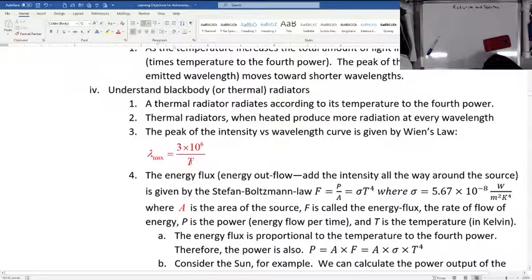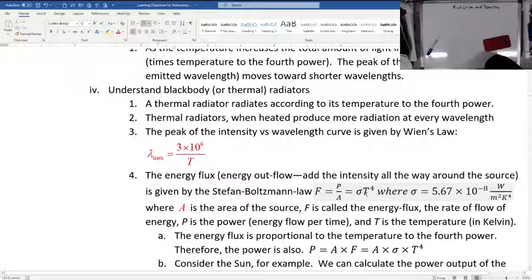So now we're going to talk about the energy flow. And this is the Stefan-Boltzmann law. We call this the energy flux, but flux just means flow. It's the outflow of energy from any hot object. And it turns out that the rate of flux is the power divided by the area, and that's equal to this quantity sigma, which is a constant, times the temperature to the fourth power.